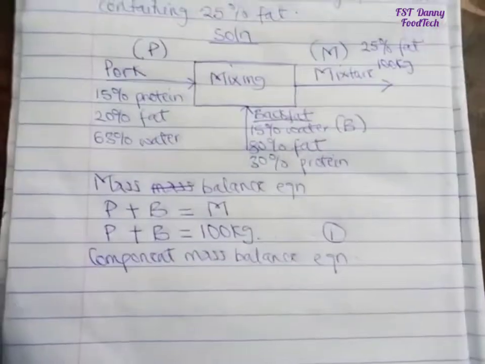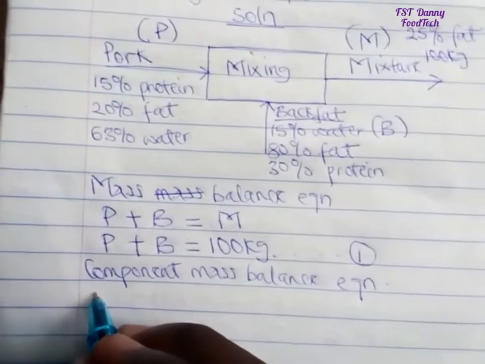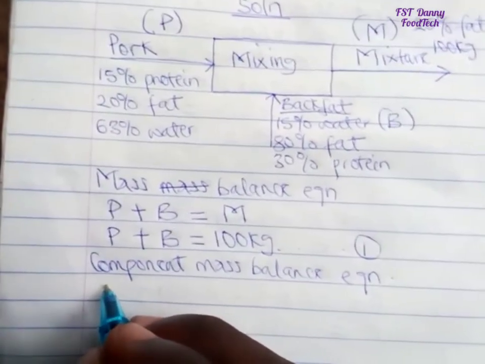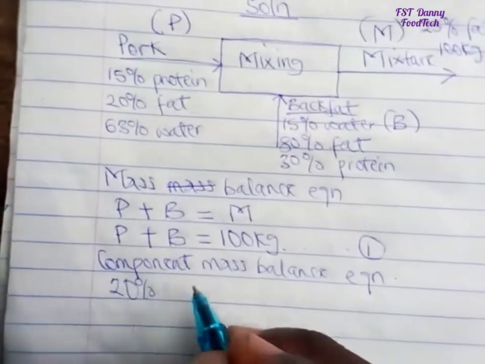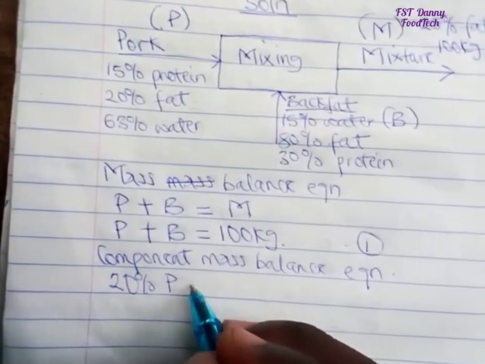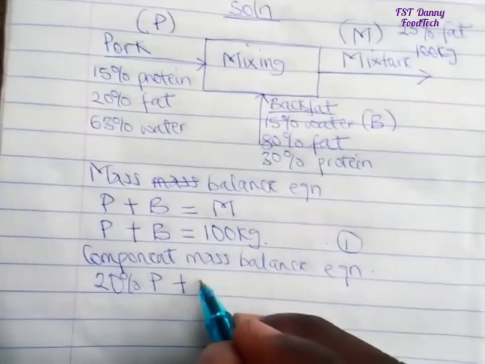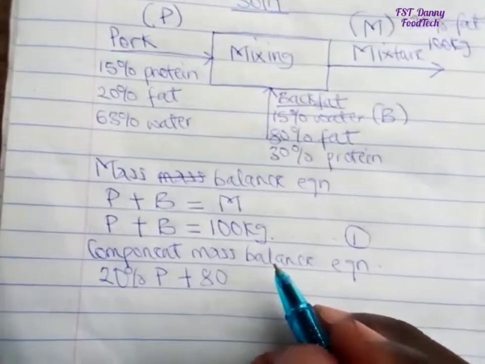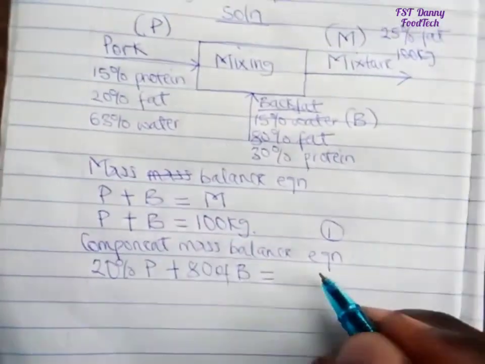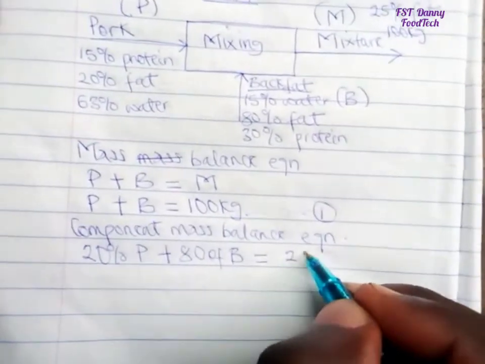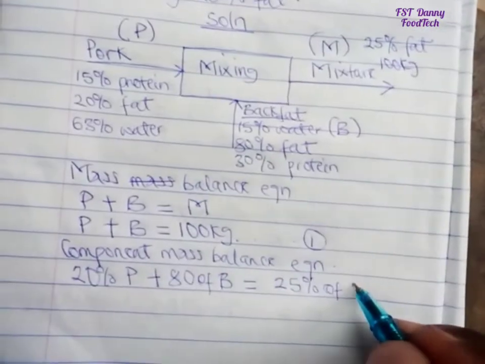So what we'll do is we make use of those common components of these fats. So we had for pork, we had that 20% of the pork plus 80% fat of back was equal to 25% of the mixture.